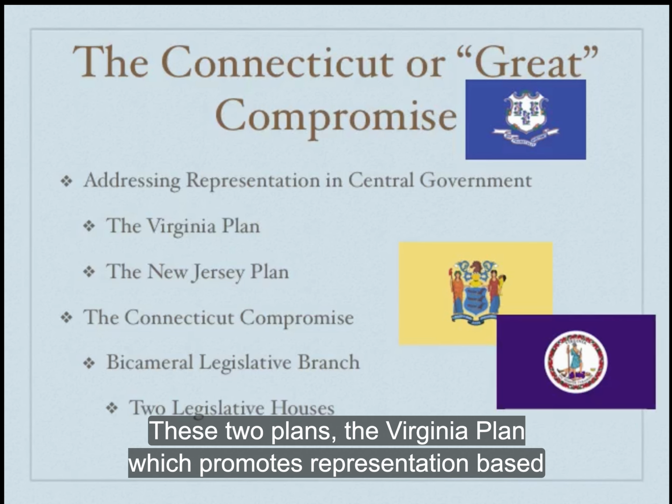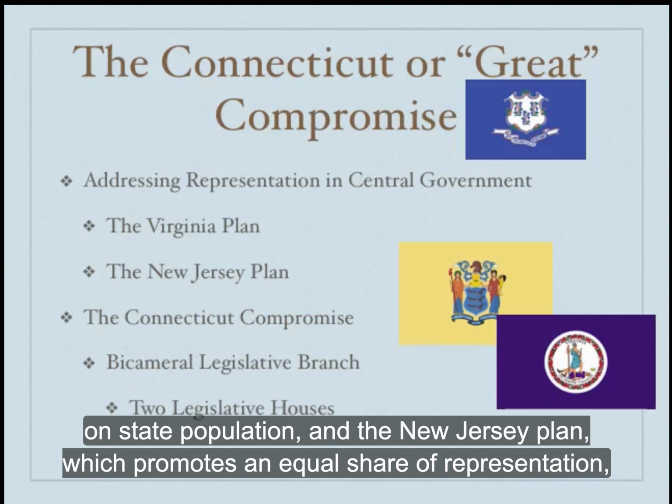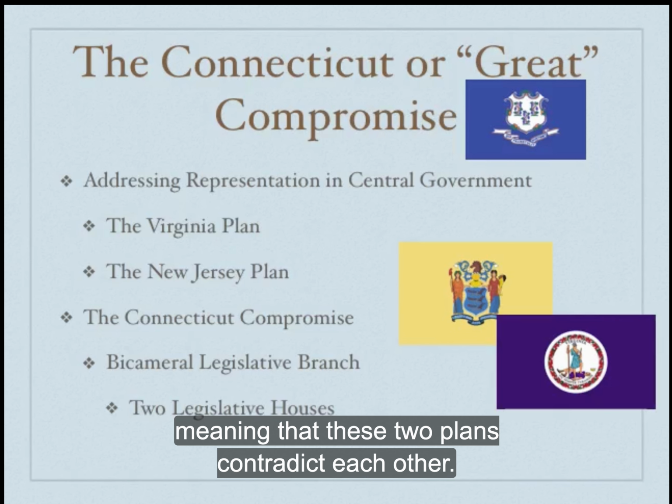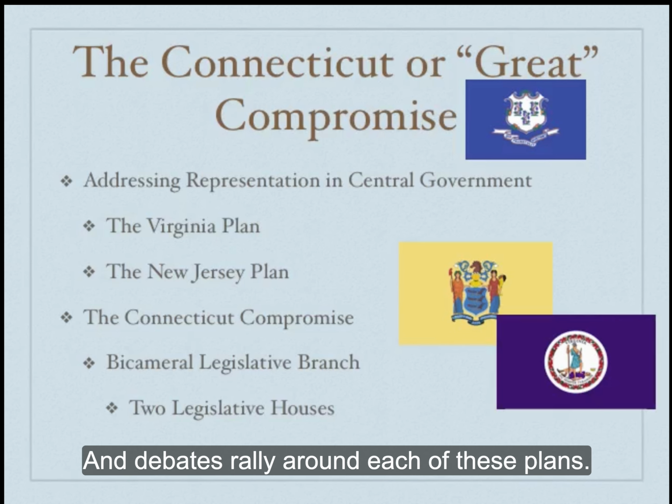These 2 plans, the Virginia plan, which promotes representation based on state population, and the New Jersey plan, which promotes an equal share of representation, 2 per state, are mutually exclusive plans, meaning that these 2 plans contradict each other. And debates rally around each of these plans.